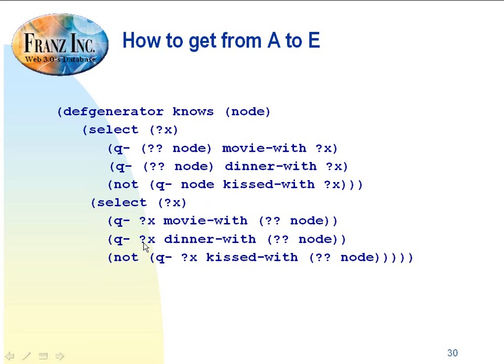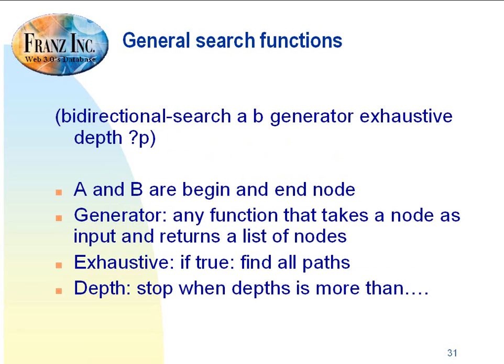Or go if someone else went to the movie with me or kissed me. Well, just read the query, you get the idea. So you can have complex queries within your generators. And the whole point is, as long as you return the list of children of the node, then our search functions and SNA functions will be okay.